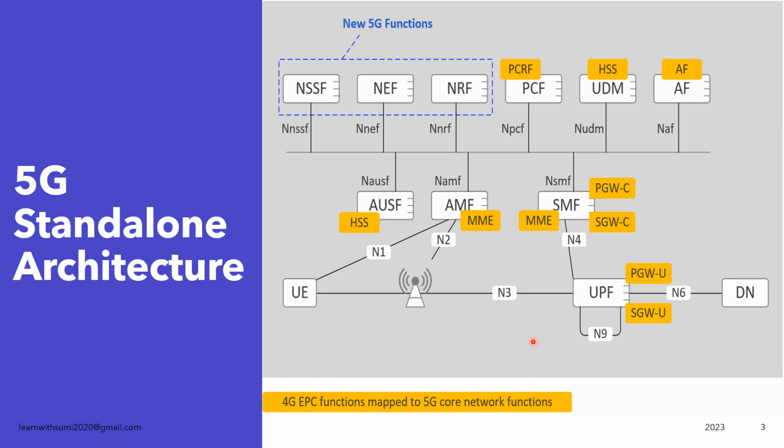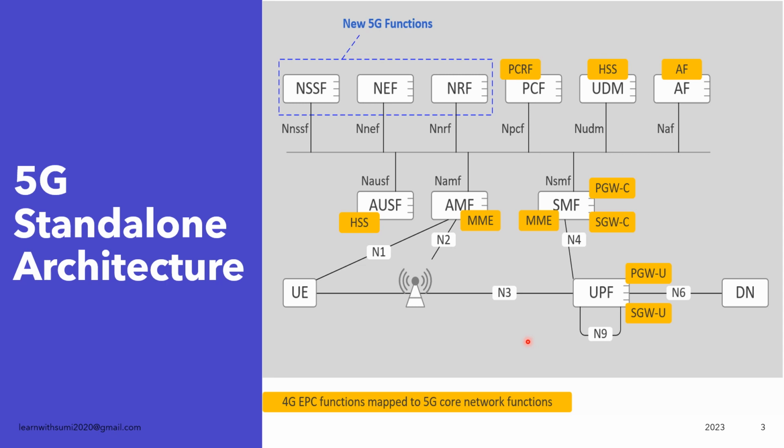Then we have device and application diversity. So standalone 5G is built to cater to a wide range of devices, from smartphones to IoT sensors, and a diverse set of applications, from high definition video streaming to mission critical machine communications.